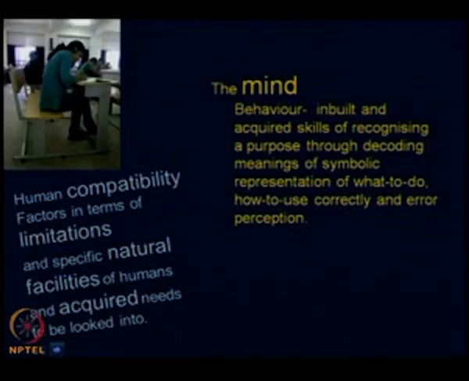Now, the mind, that is behavior, that is inbuilt and acquired skill of recognizing a purpose through decoding meanings of symbolic representation of what to do, how to do correctly, and error perception, whether these things are easier. If it is made easier, then we can say that the product will be well accepted.